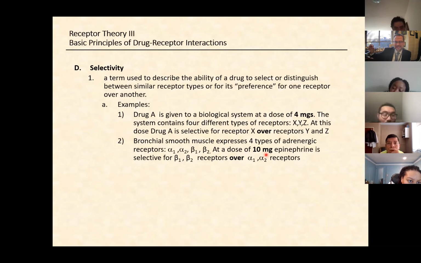And drugs are less selective, or they lose selectivity, as you give more and more of the drug? It's going to depend on the person that is taking the medication. Roberto, there will be biological variability between patients' responsiveness to drugs.